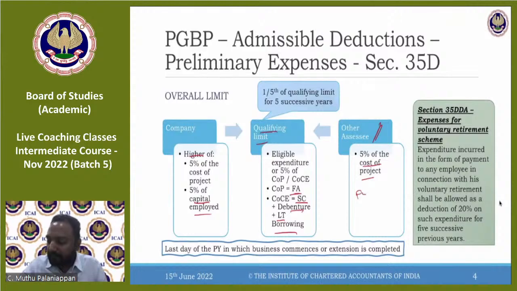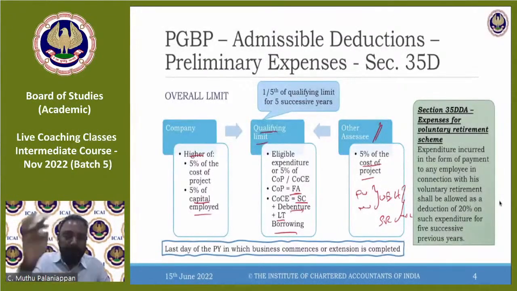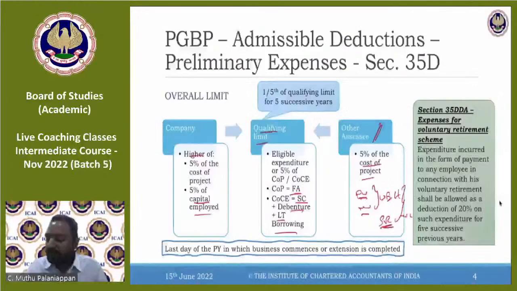Fair value or municipal value, whichever is higher, subject to the restriction of standard rent, correct? So whichever is lower. Now just replace: 5% of cost of project is like the fair value, and 5% of capital employed is like the municipal value. Whichever is higher, subject to the maximum of, here, the eligible expenditure, in place of standard rent. So you can remember both in the same manner. This is the general procedure.